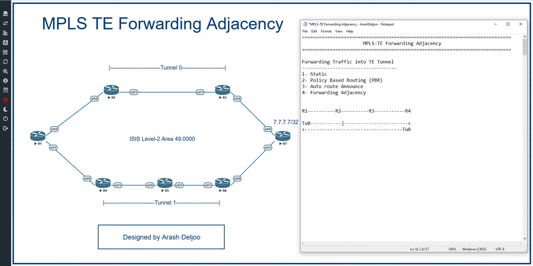If you want to use the TE tunnel like a GRE tunnel, as a real virtual link between R1 and R4, you need to configure two tunnels with opposite directions: the first from R1 to R4 and the second from R4 to R1. If you configure these two tunnels and also enable the forwarding adjacency feature, you will have a virtual link between router 1 and router 4.